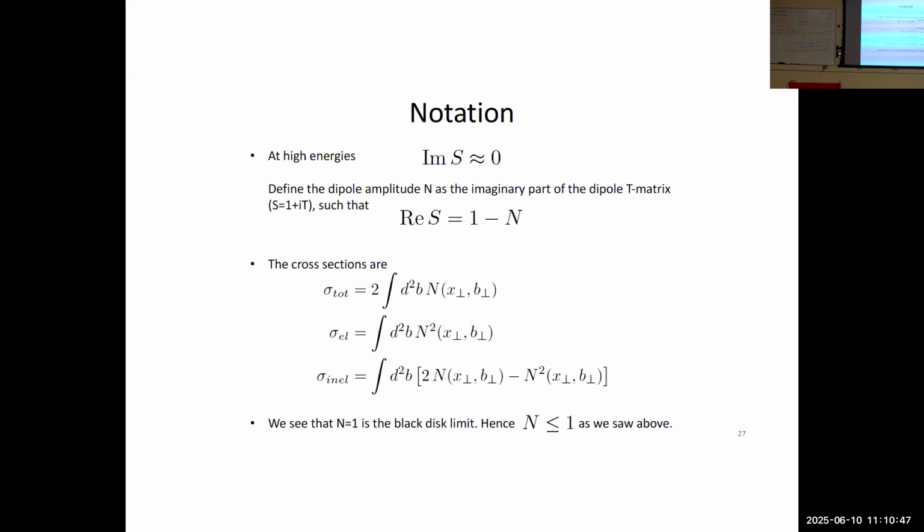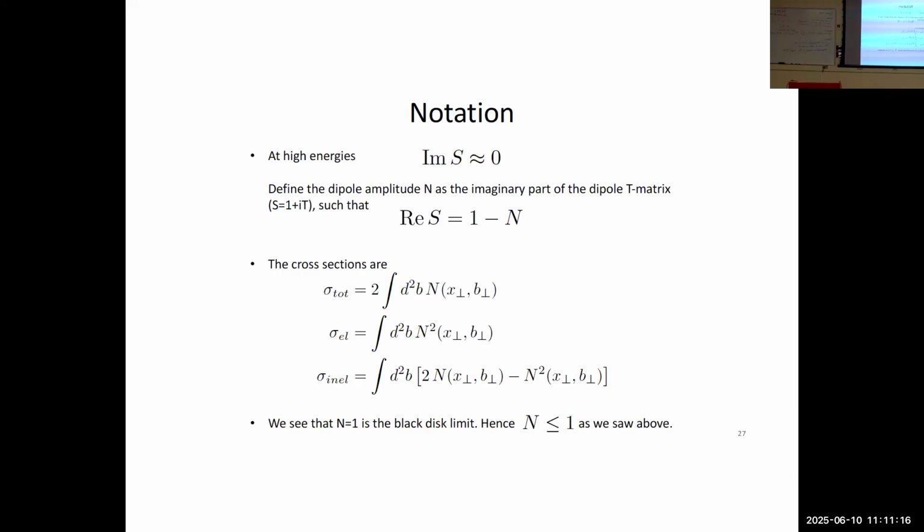So the answer is an exponential of negative 1/2 d sigma q q-bar and d2b times this integral right here, which actually is just a factor of T of B, the nuclear profile function.